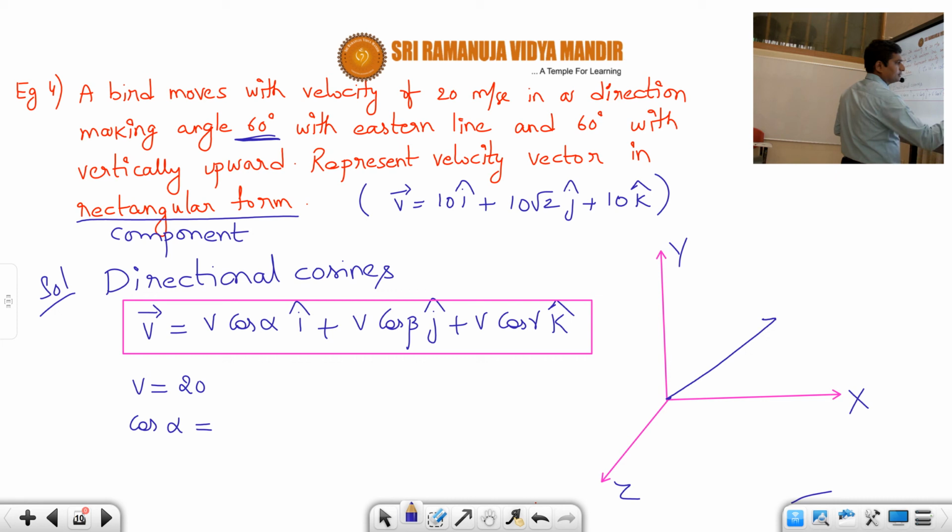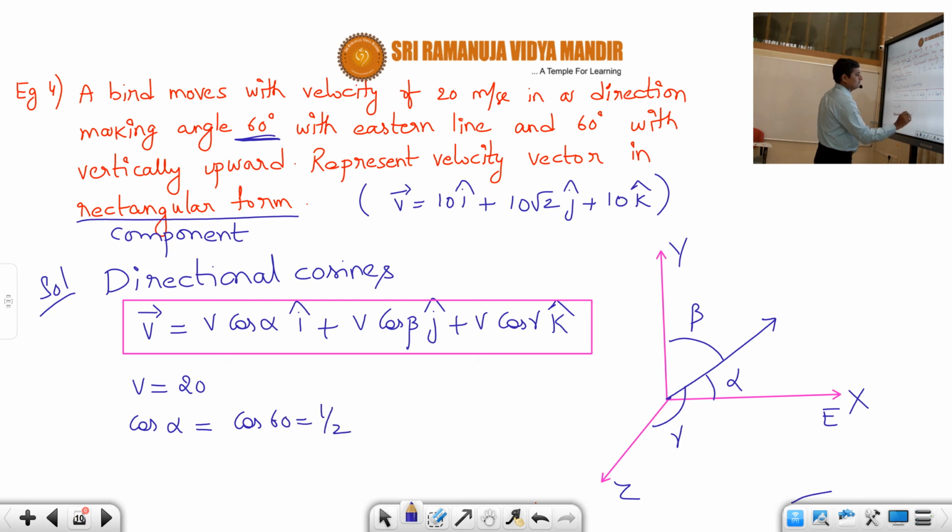And whenever you take something like this, this is alpha, this is beta, this is gamma. So here they told eastern line, so alpha is given as cos 60, and cos 60 is half. And 60 degrees with vertically upwards. Here vertically upwards means not the y axis, students. Here vertically upwards means the z axis, actually, because it will lie like this.